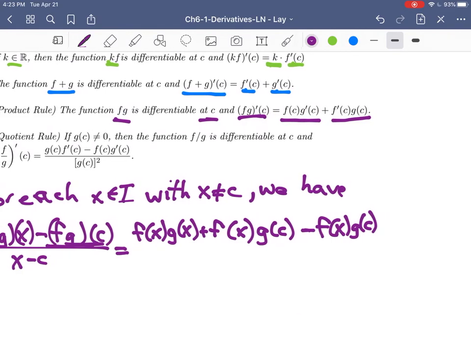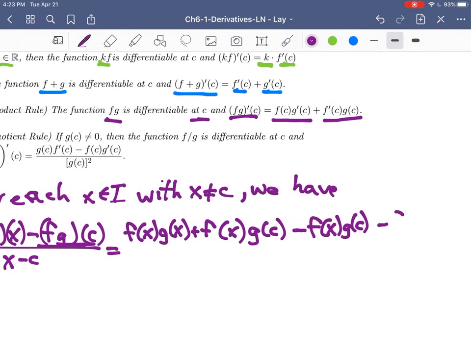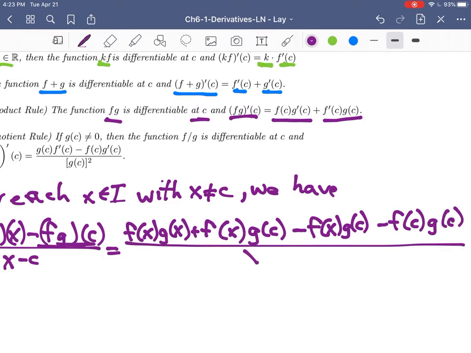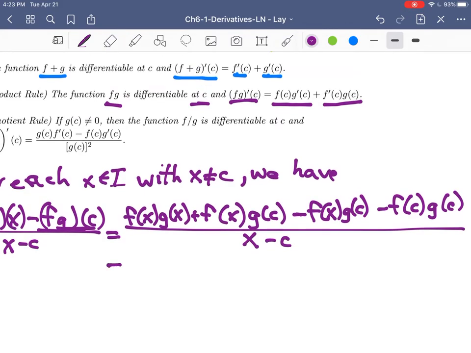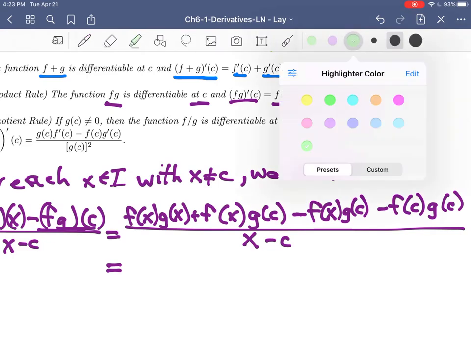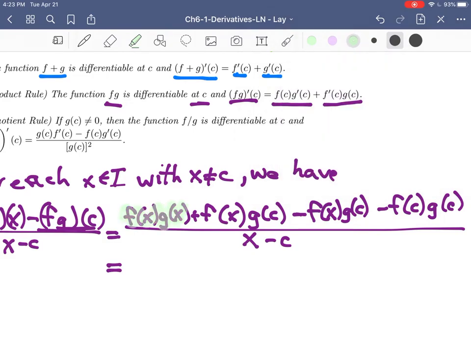So we added in, we subtracted out. If we do that, then we can group together this piece and factor out an f of x.